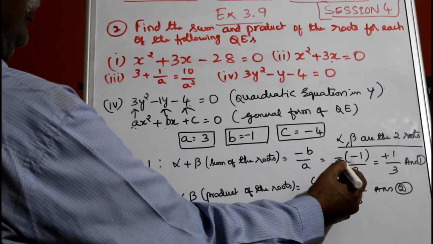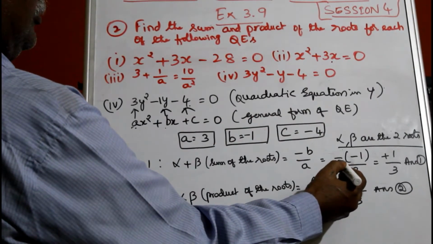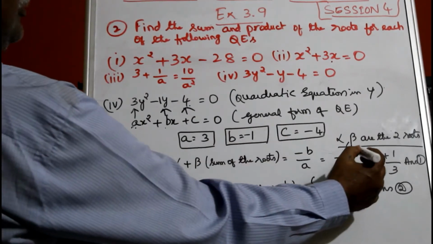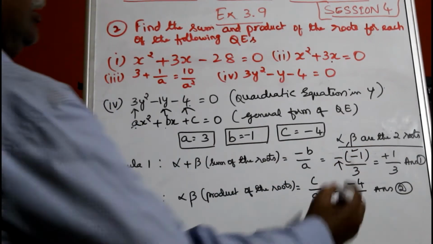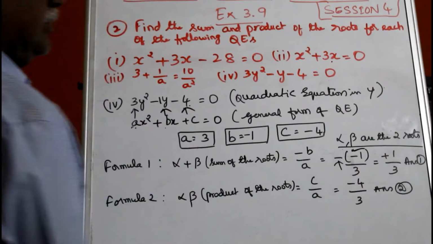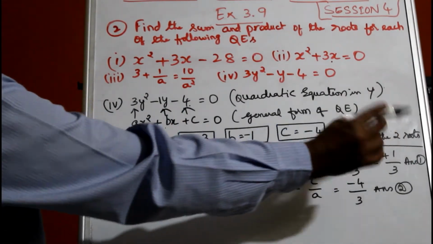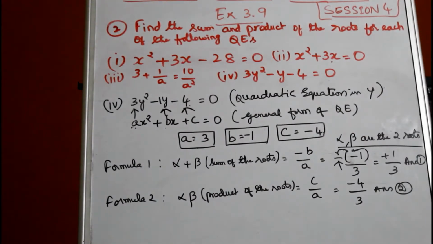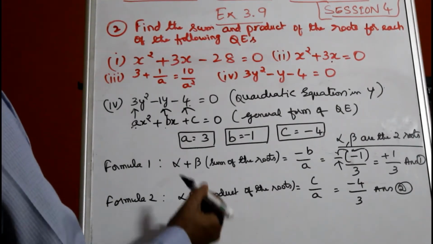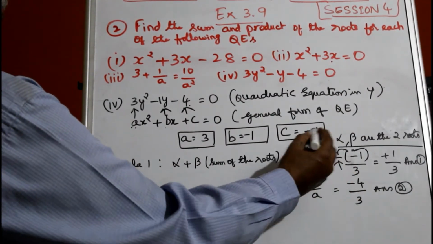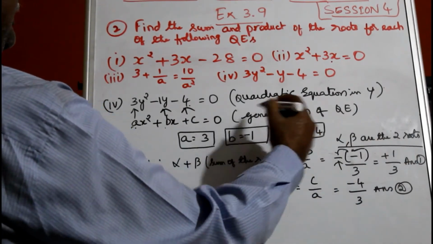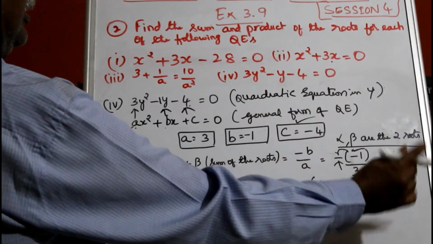This minus is the formula, and this minus is from the sum. You get two minuses, and minus into minus becomes plus 1 by 3. Answer 1. Formula 2: the product of the roots, alpha beta, is c by a. You put minus 4 for c and 3 for a. Answer 2.